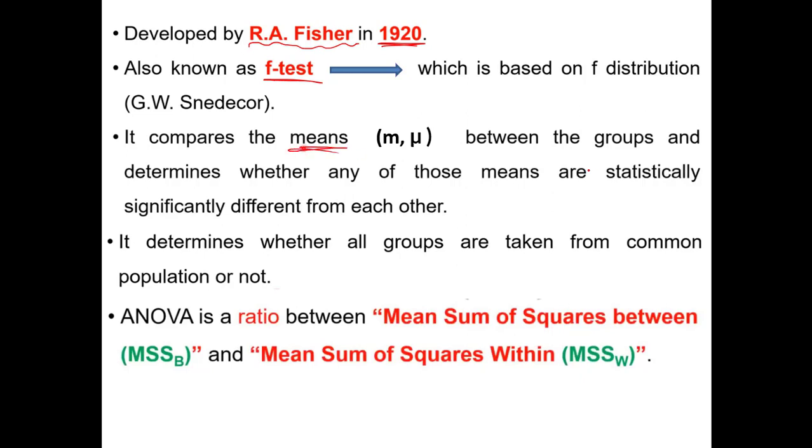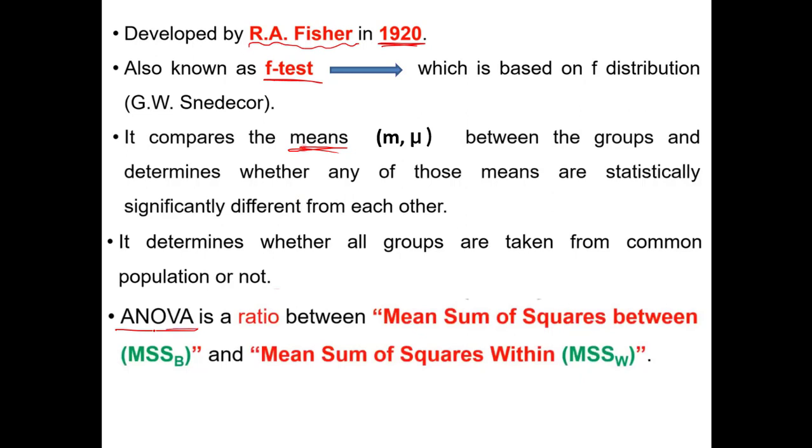This technique compares the means between the groups and determines whether any of these means are statistically significantly different from each other or not. It determines whether all groups are taken from a common population or not. Yes, we had discussed all these points in the previous slides.